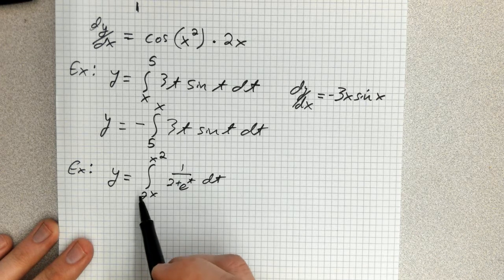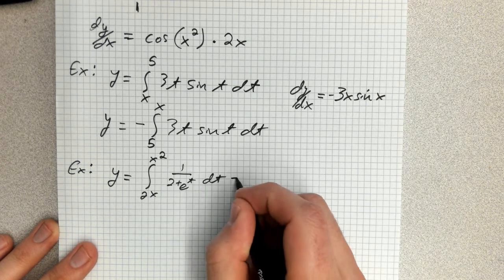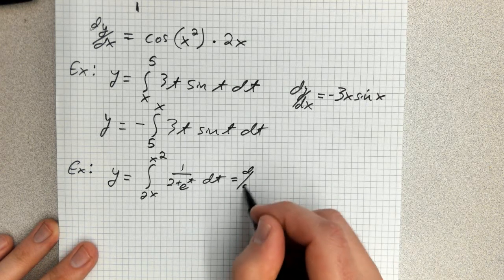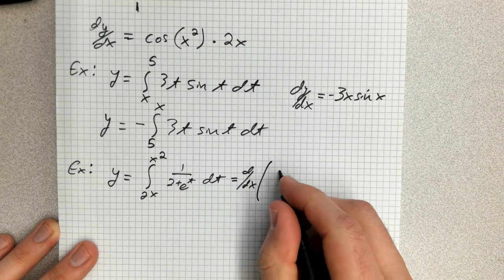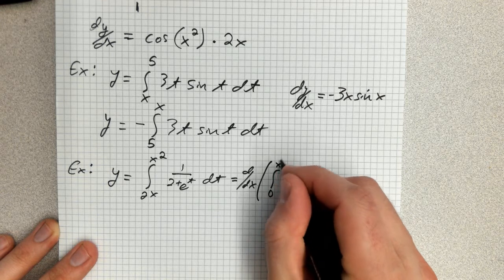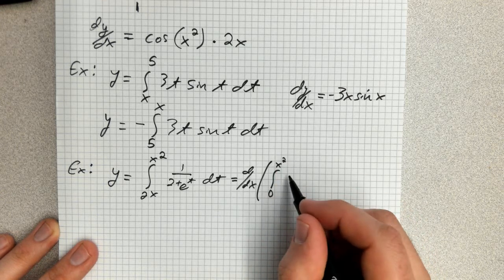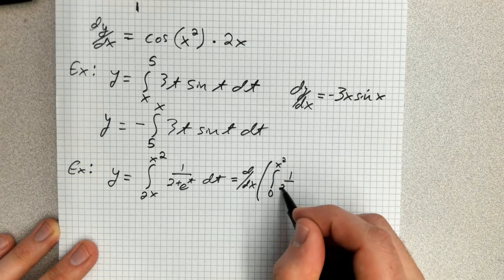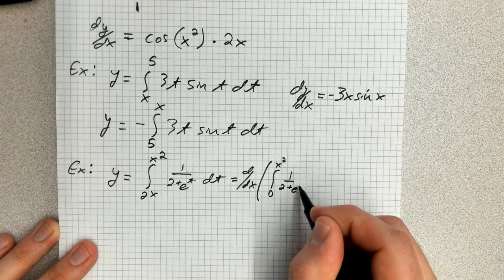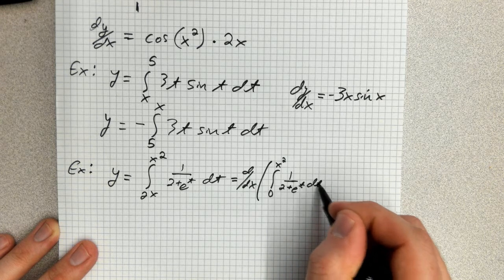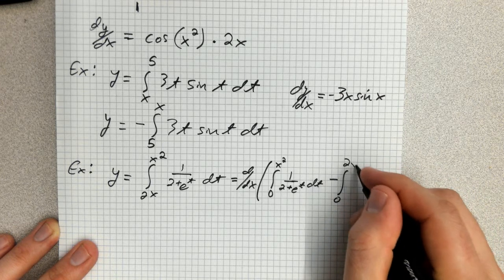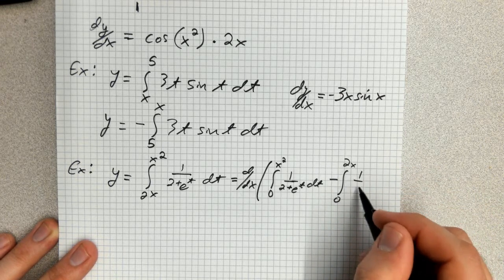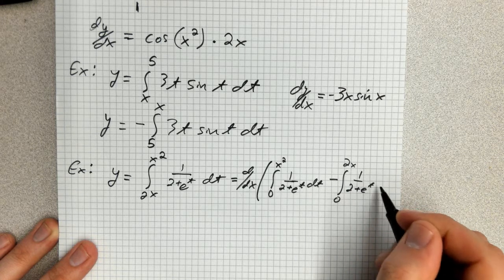So we're going to break this up into two integrals, and let me show you how we're going to do that. Ultimately, we're going to take the derivative of it, and here's what we're going to derive. It's going to be the integral from 0 to x squared of 1 over 2 plus e to the t dt minus the integral from 0 to 2x of 1 over 2 plus e to the t dt.